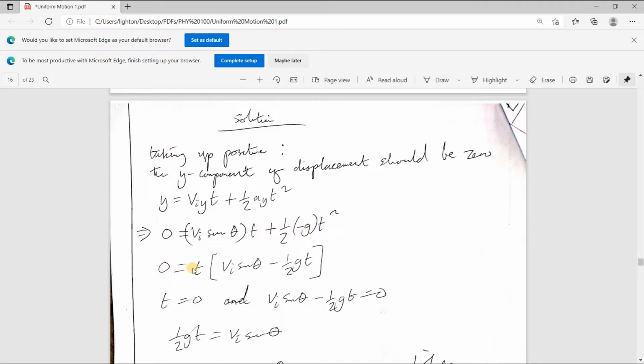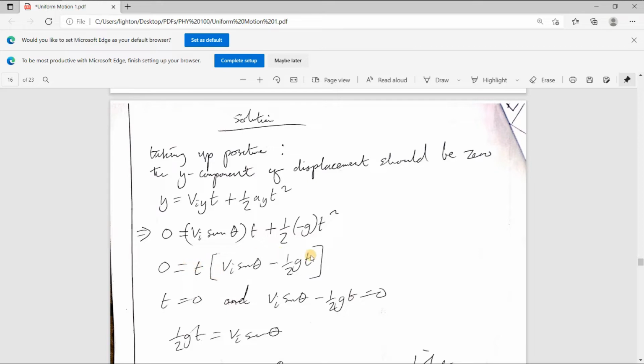So 0 is equal to, we can factor out t, there's a t here and a t here. Then in square brackets, v_i sin theta minus half g t.